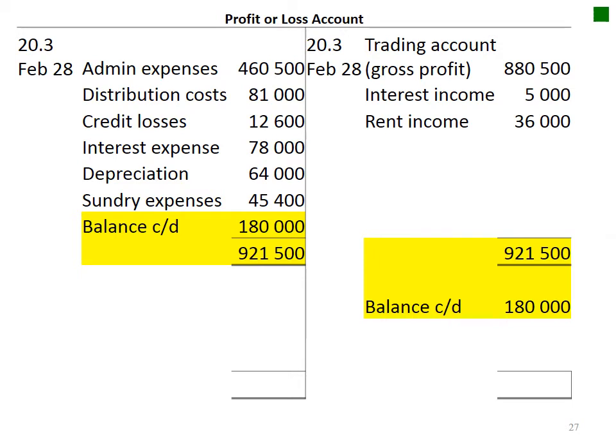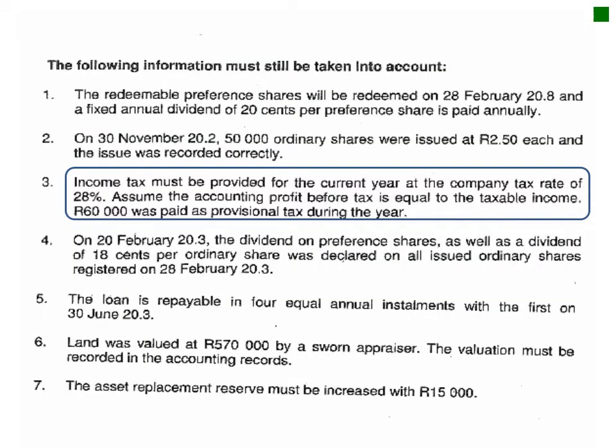The next point is that you're going to close off your profit and loss account. The reason we're doing this is because this 180,000 represents now the profit before tax. So the next step is we're going to calculate the taxation amount for the year. So the taxation amount must still be provided for. It's 28%.